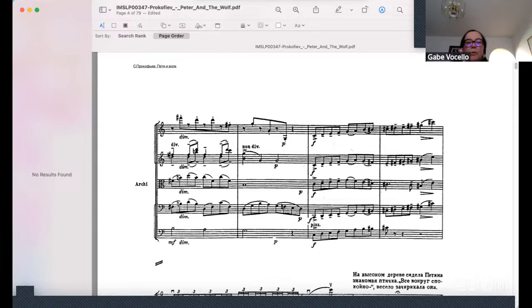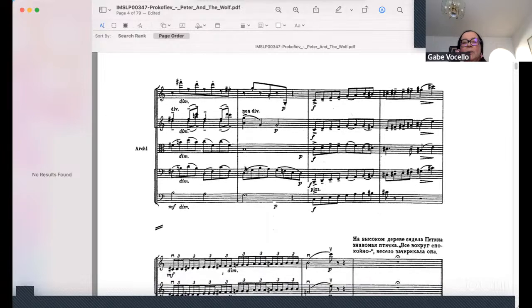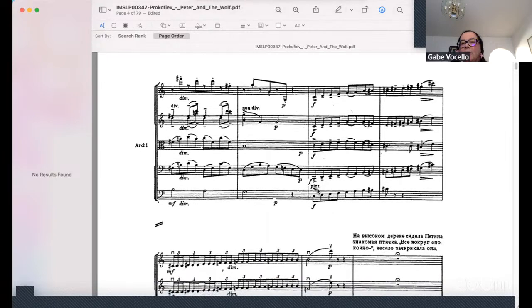So F sharp to the left, D to the right. We already talked about tenuto here, tenuto in the same bow. At least the pizzicato is to play instead of the bow with your right hand.